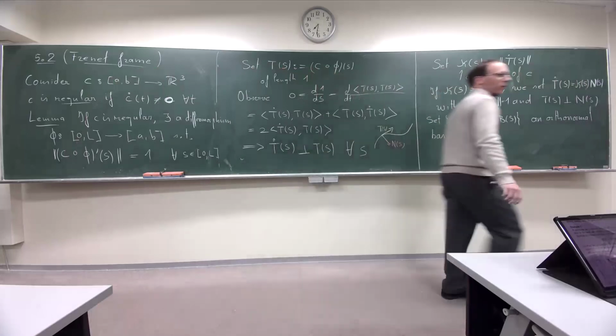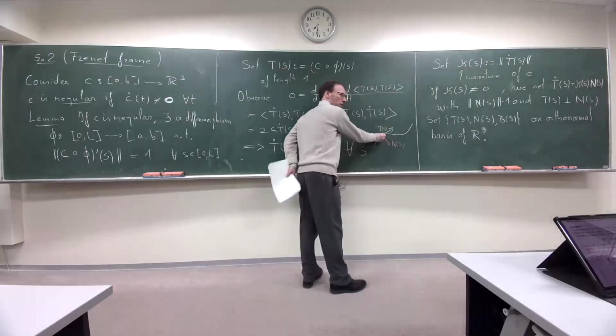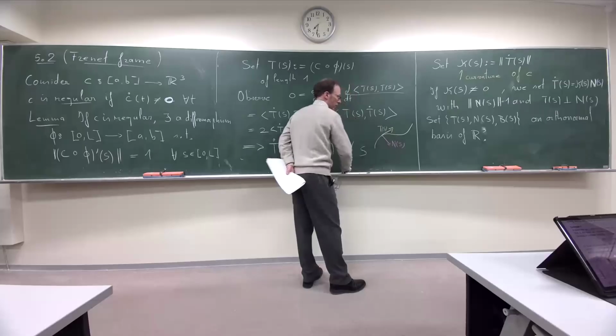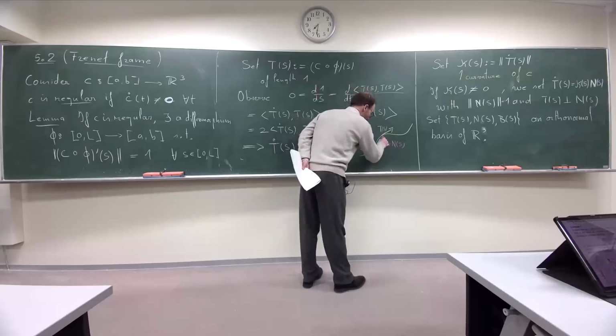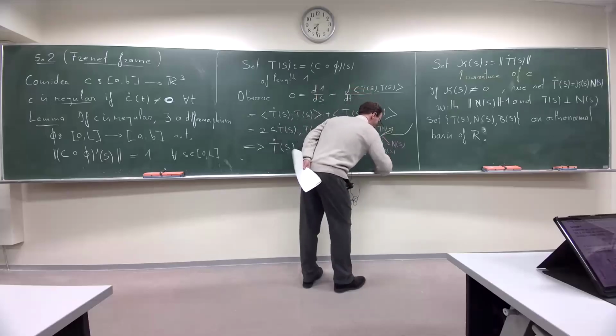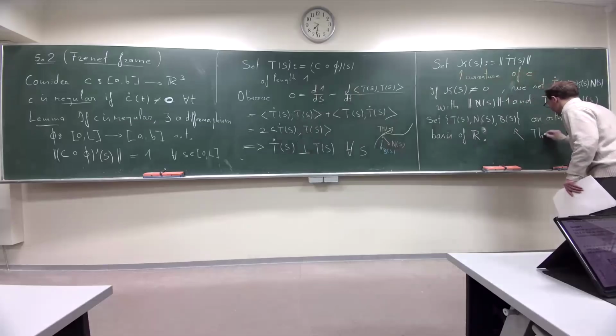Then there is a third vector which is perpendicular to these two in R3. I don't know how to represent it. This is B of S. This triple is called the Frenet frame.